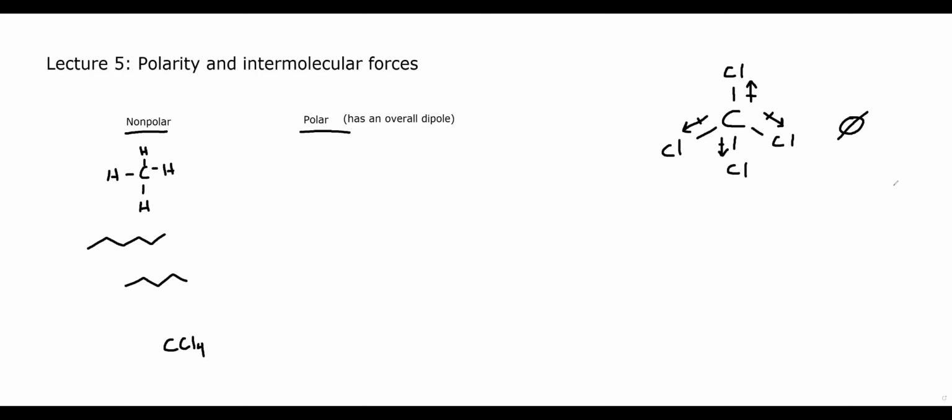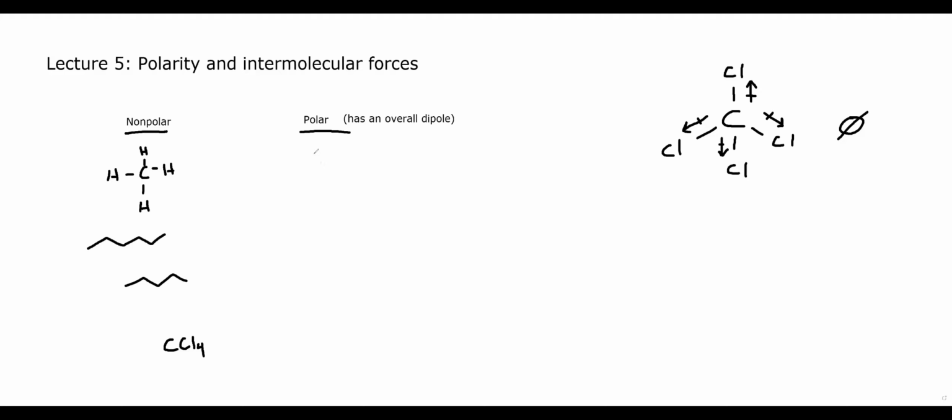All 4 of these chlorines are pointing, remember, at the vertices of a tetrahedron. So if you imagine dipole arrows pointing out and away in every direction like that, they simply cancel each other out. So there's no overall dipole for something like CCl4 or any symmetric molecule like this, okay?